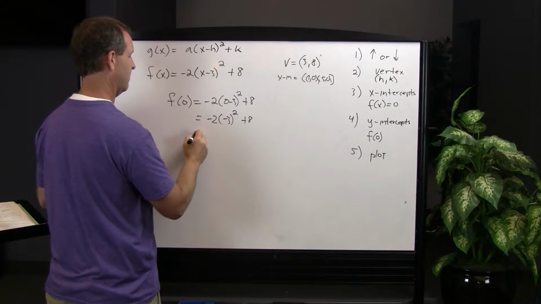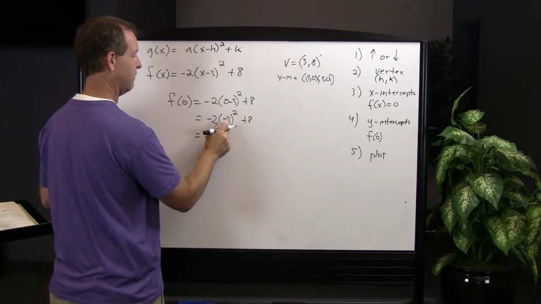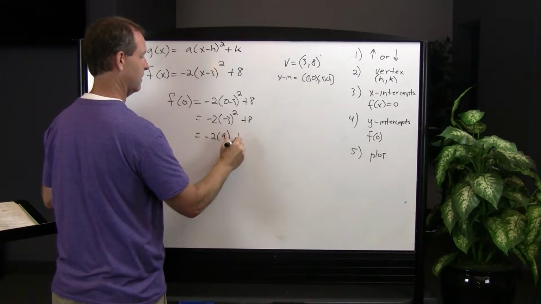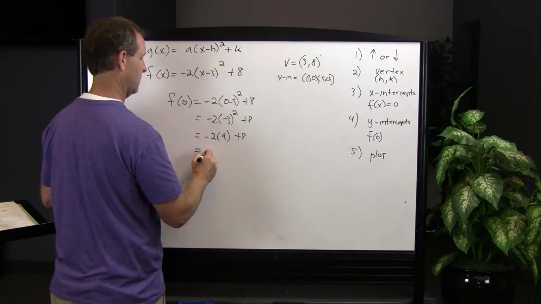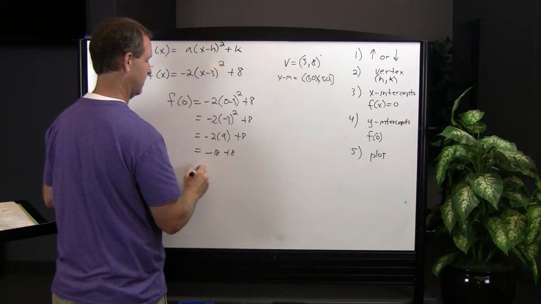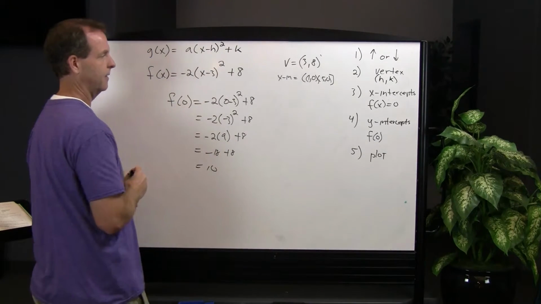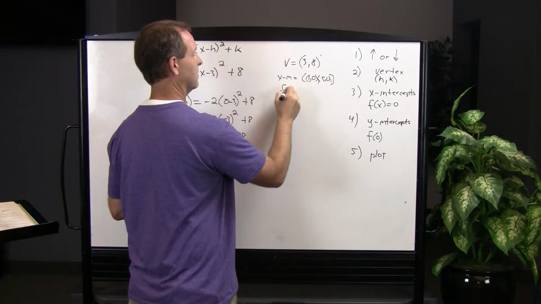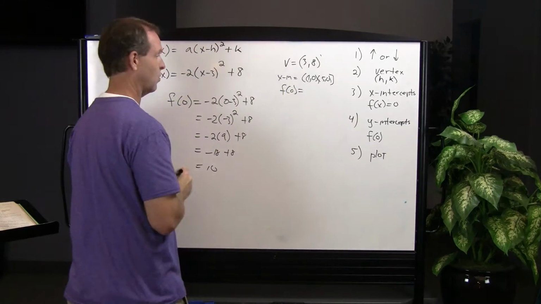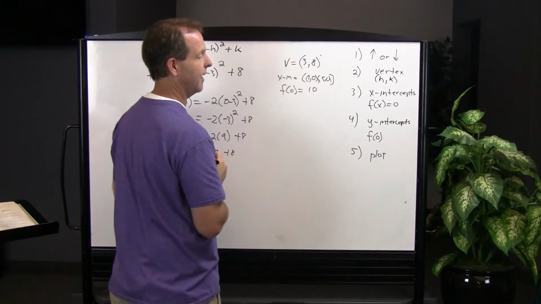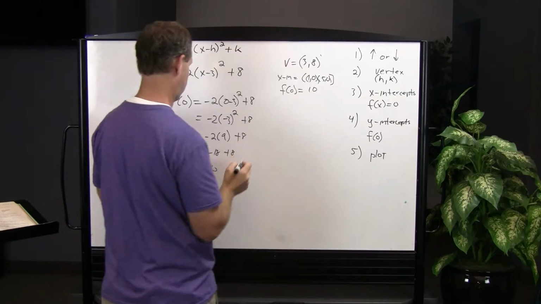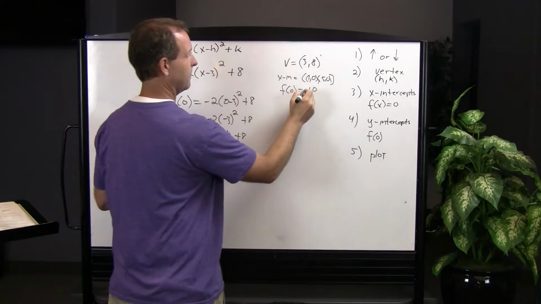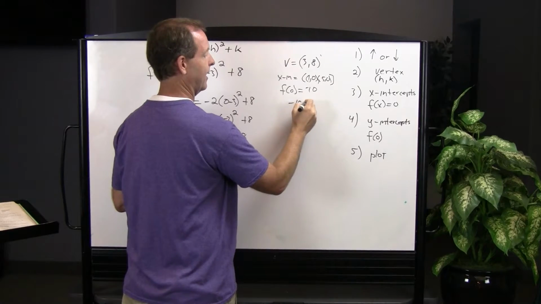One step at a time. -3 squared gives me a 9. Minus 18 plus an 8 equals a -10. And so f of 0 equals -10. And that tells me that I have a y-intercept at the point (0, -10).